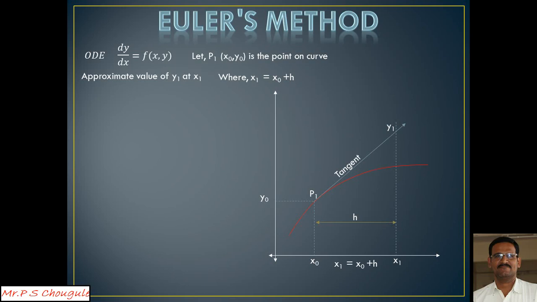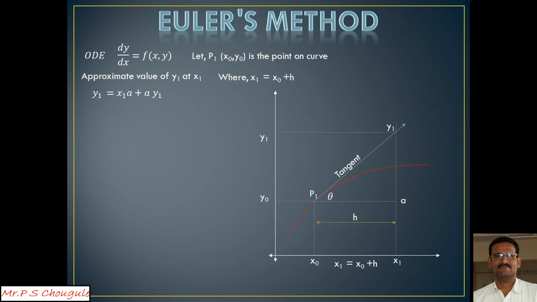To find this value, I will modify this diagram. I will draw one parallel line from P1, and the inclination of the tangent is theta, if I consider P1A as the base. Now to find the length y1, which is equal to x1A plus Ay1.